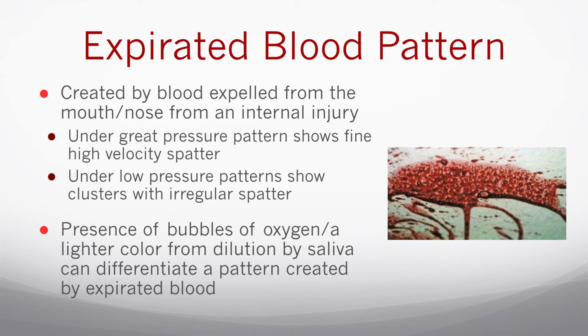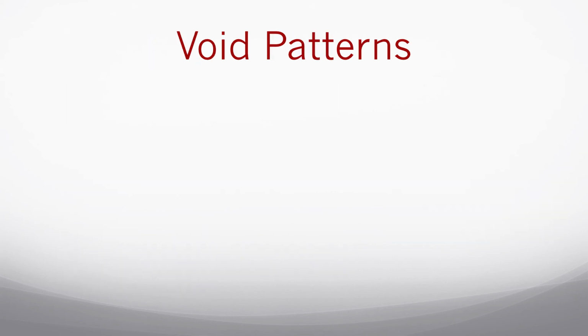The presence of bubbles of oxygen and a lighter color from the dilution of the saliva can differentiate a pattern created by expirated blood as opposed to an impact injury.